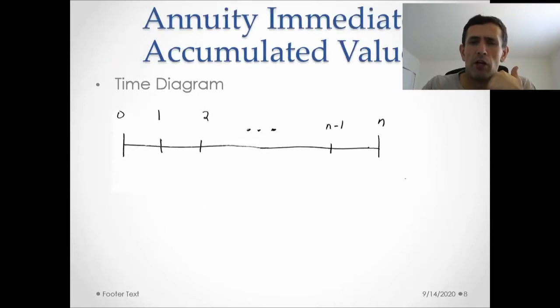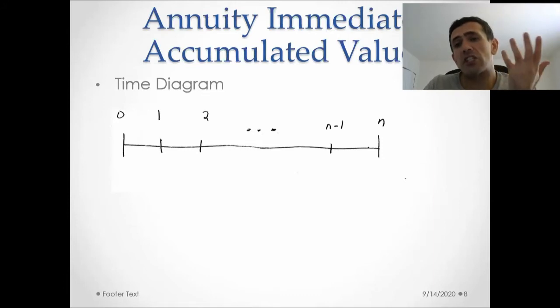Okay. So what we want to do now, in a situation like I just described but for an annuity immediate, is see what the accumulated value of such an annuity is based on an interest per period rate of J. So in this time diagram, we have N periods. We're making payments of P, or if you like, deposits of P into some account at the end of each period. As I mentioned, the interest rate per period is J, and we want to see what the accumulated amount is.